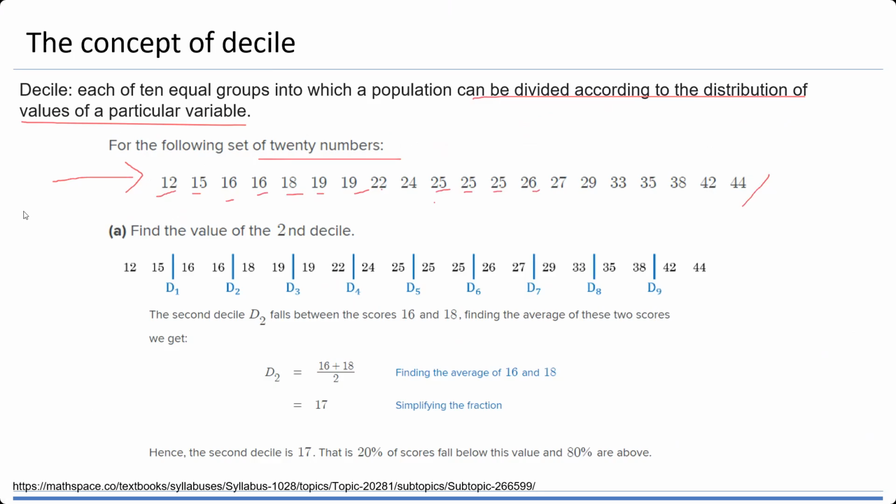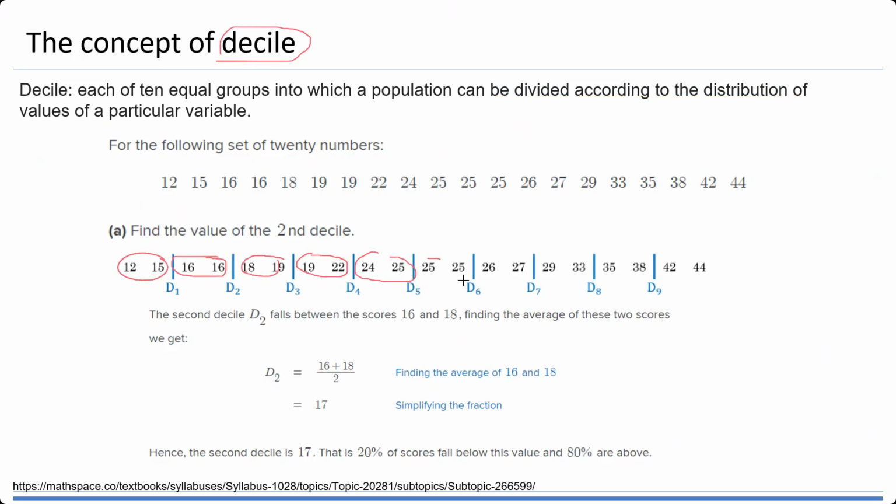Now we need to make it into 10. The word decile means it is 10. So if we want to make 10, it means this is the first group, this is the second group, this is the third group, fourth, fifth, sixth, seventh, eighth, 9, 10.